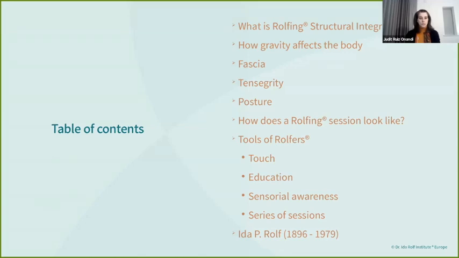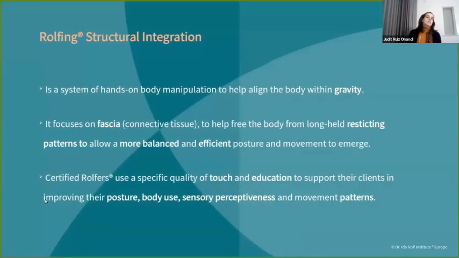So she stopped teaching for them and started her own teaching from zero of what is Rolfing structural integration, which is a system of hands-on body manipulation to help align the body within gravity. We focus on fascia to help free the body from restricting patterns, to allow a more balanced and efficient posture and movement to emerge.